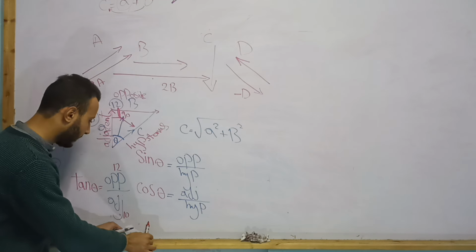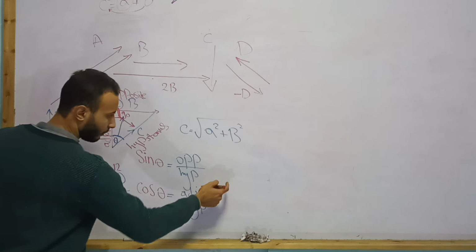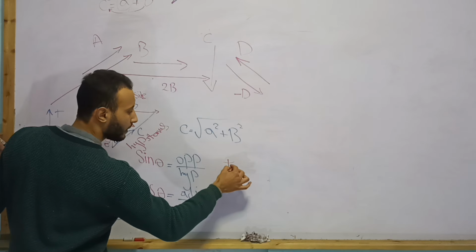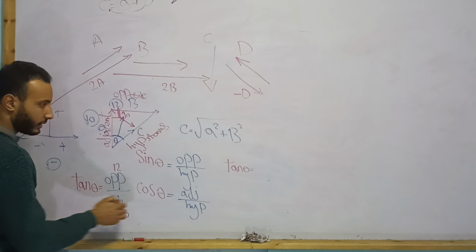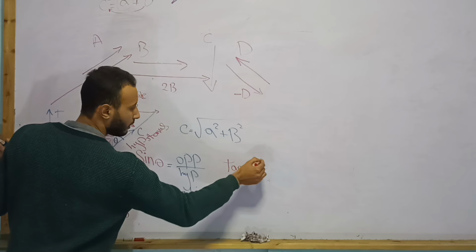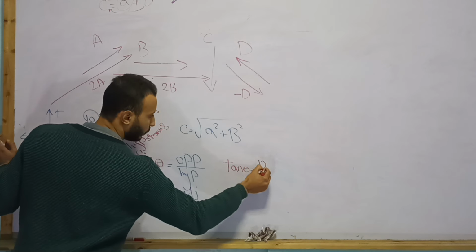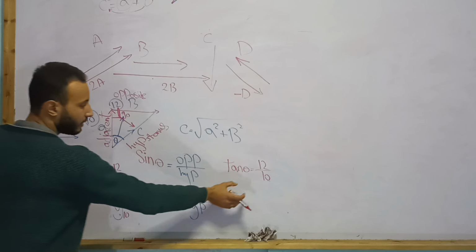That means, I write here, that tan theta is equal 12 over 10.